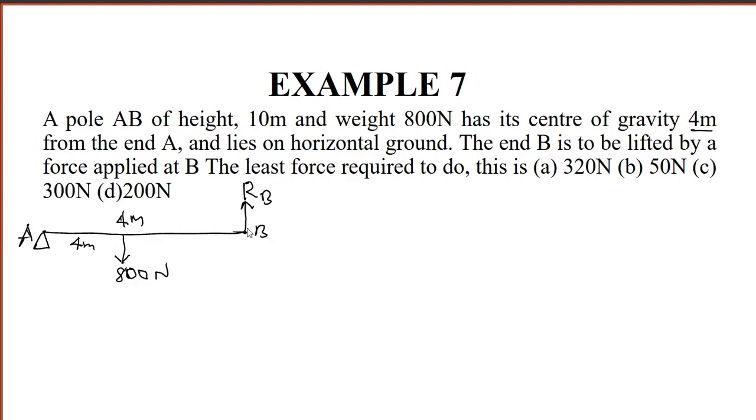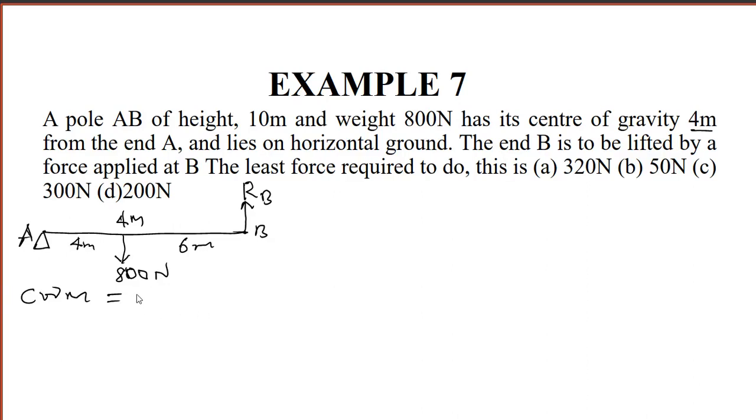And from the 800 Newton to B is what? 6 meters. So now if you drag RB in the direction to the knife edge, you can see the way it's moving. That's what? Anti-clockwise. If you drag the 800 Newton in the direction of the knife edge, you can see the movement. That is what? Clockwise.